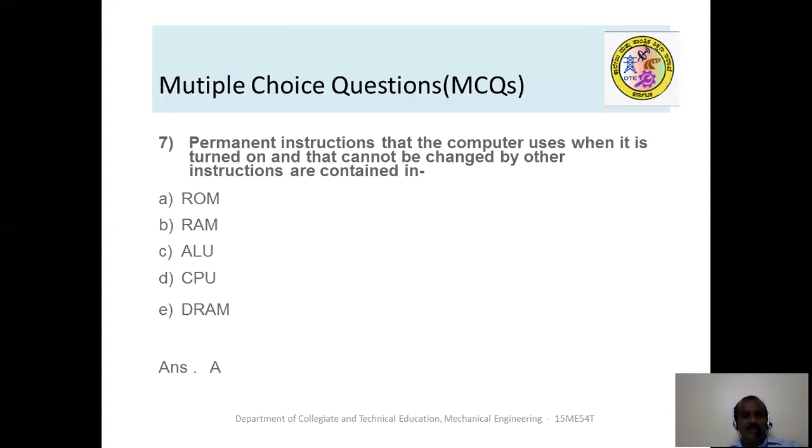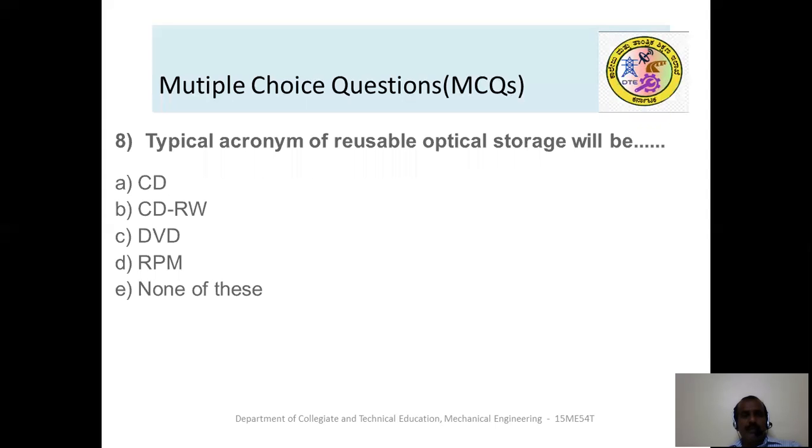The answer is A, read-only memory, ROM. Typical acronym of reusable optical storage will be CD, CD read-write, DVD, RPM, none of these. The answer is B, CD read-write.